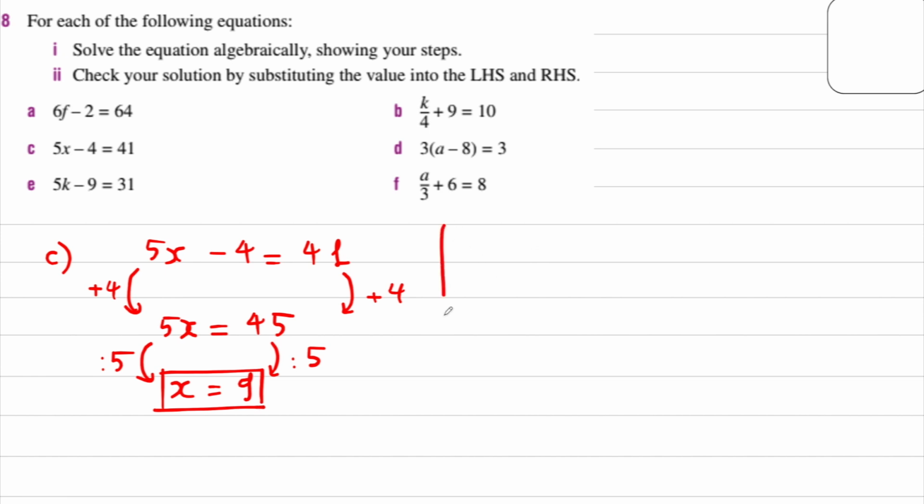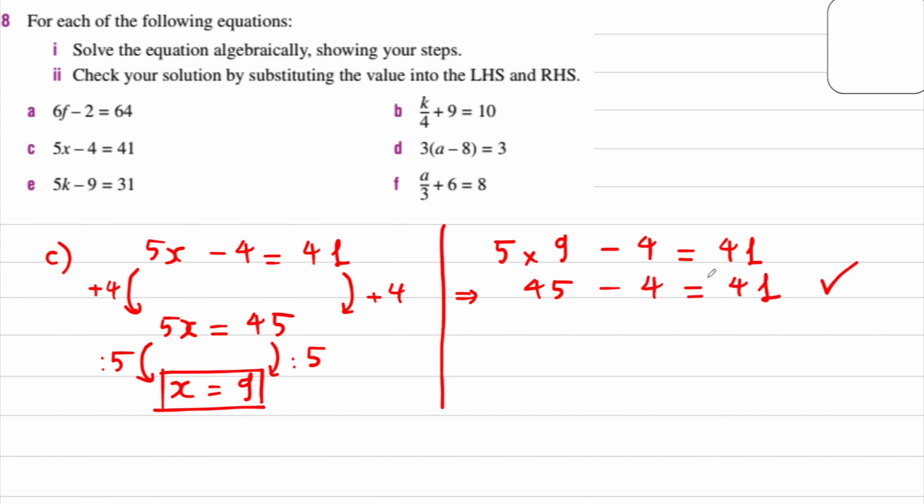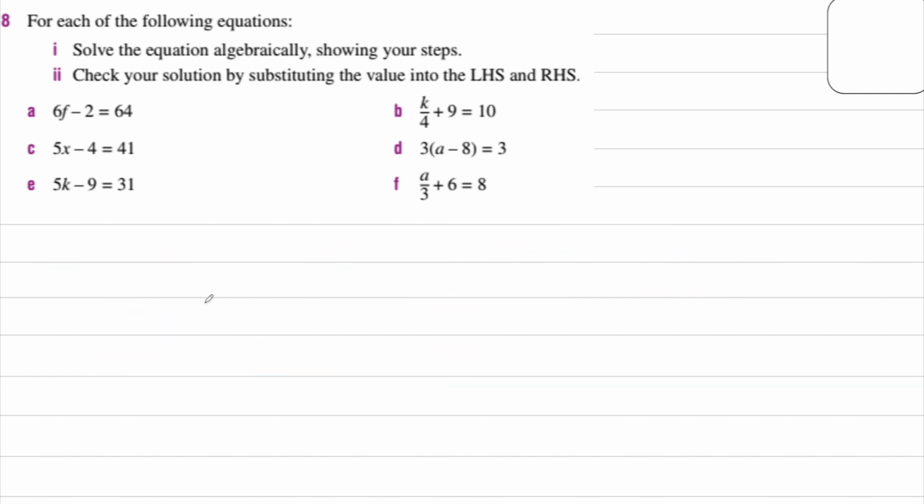And I will check my solution. 5 times 9 minus 4 equal to 41. Here is 45 minus 4 equal to 41. Yeah, we finished checking and h equal to 9 is exactly the solution of this equation. We finished question C. The next one will be D.